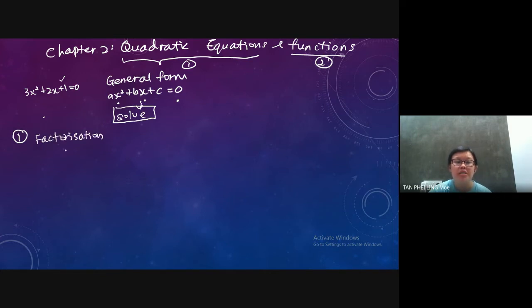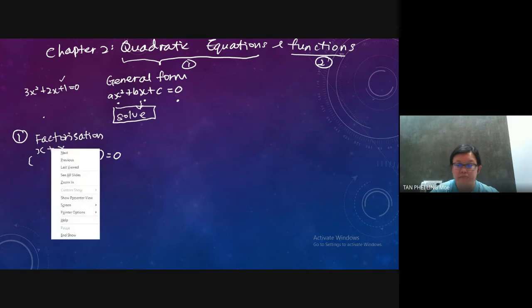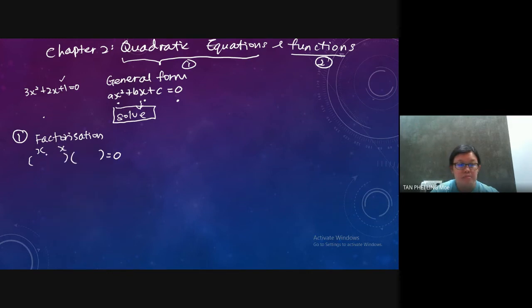When you have factorization, you have two brackets equals to 0. Let us have an example: x squared minus x minus 6 equals to 0.